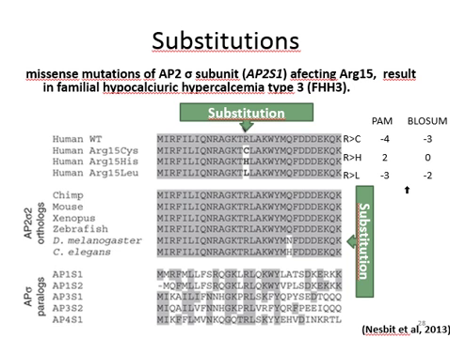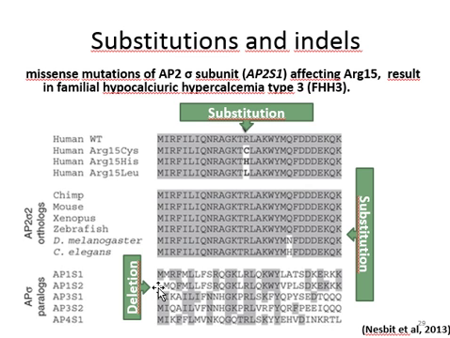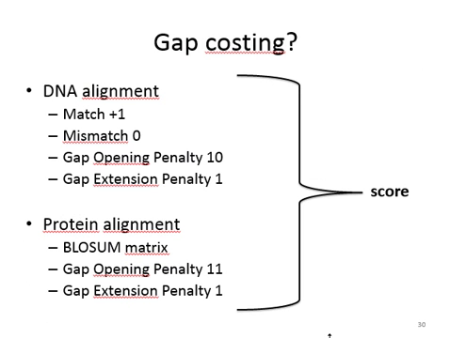But there are not only substitutions, sometimes you also have deletions. The deletions are represented by a gap. And how can we weight gaps? There are several ways to weight the gap. In DNA alignment, it may be only match-mismatch and give a weight of +1 or 0 or -1.